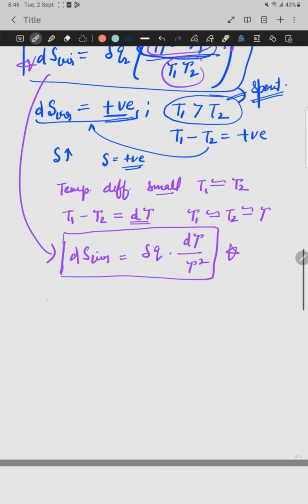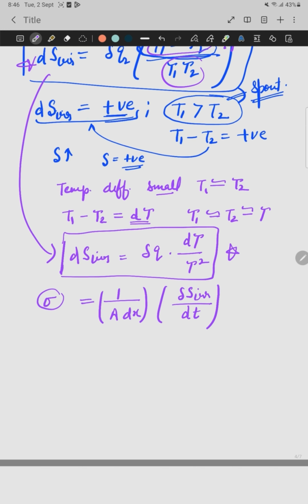For the second step, we have to find the entropy production. The formula for the entropy production is 1 upon volume into the change in entropy of the irreversible process with time.